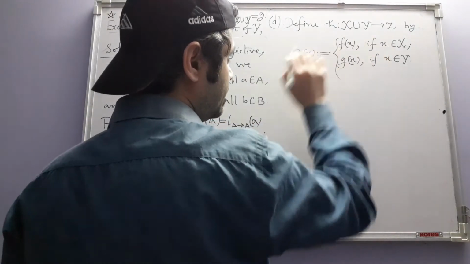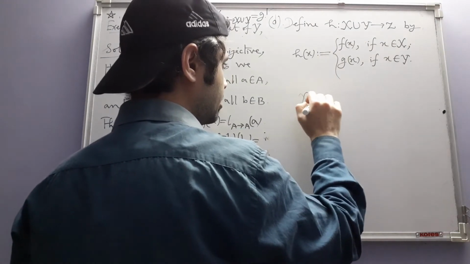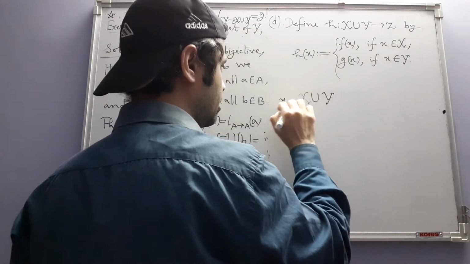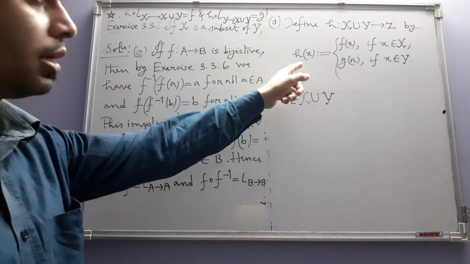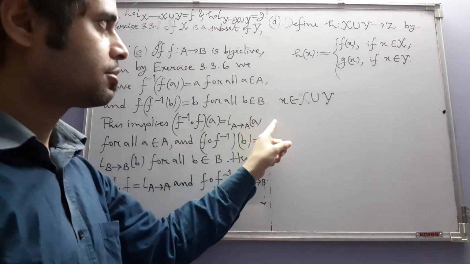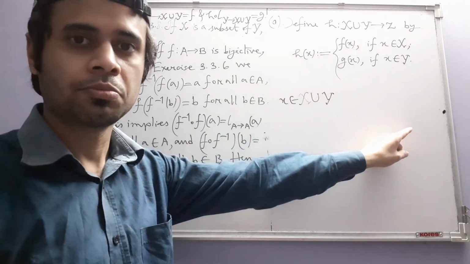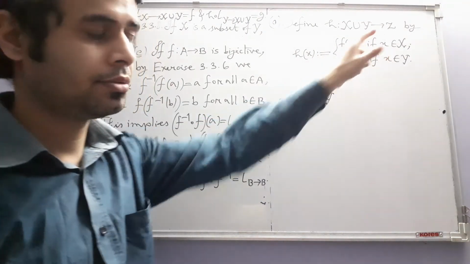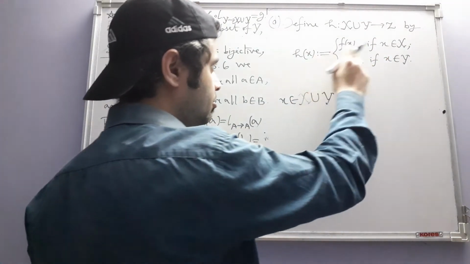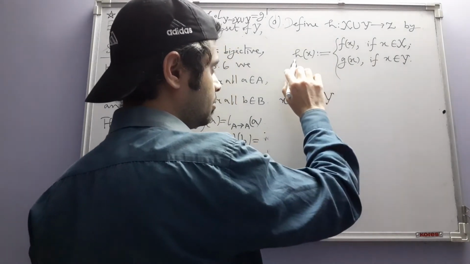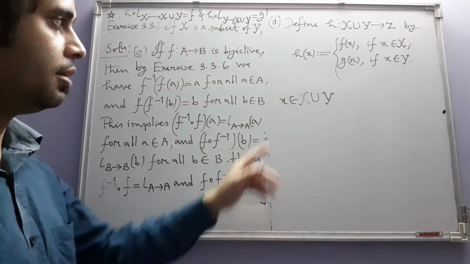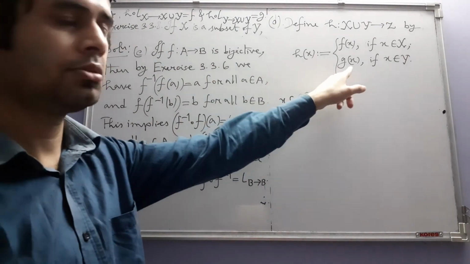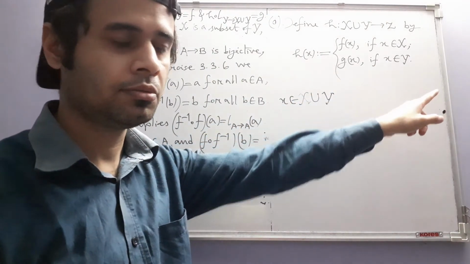If we take any element x in X union Y, for this function to be well defined, this x should have a unique output in z. According to the definition of this function, hx is defined to be equal to fx if the input is in X and gx if the input is in Y.